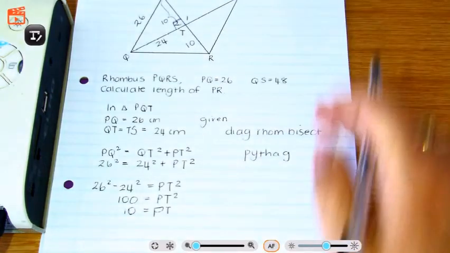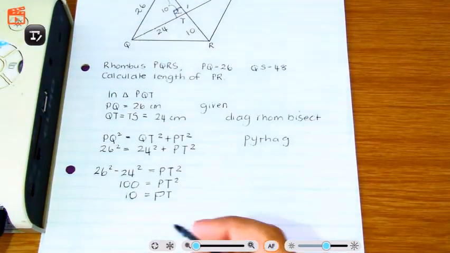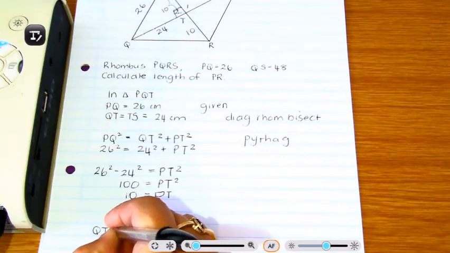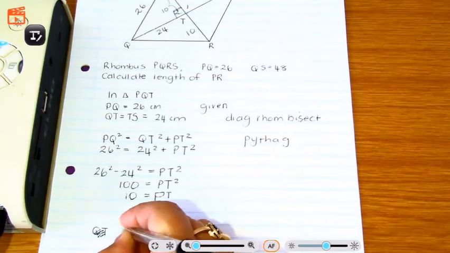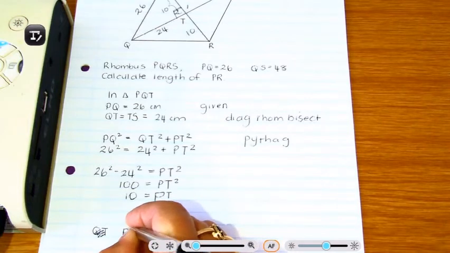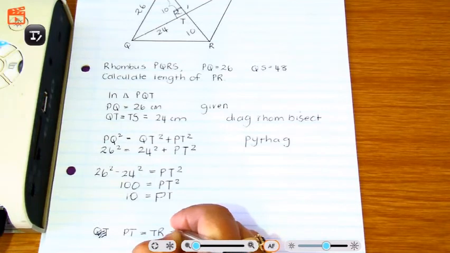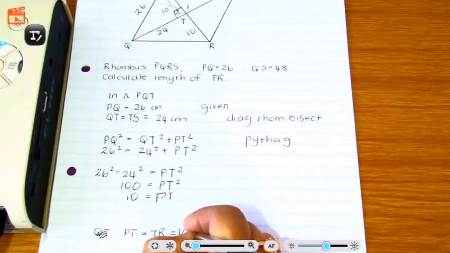So you could say then that PT is equal to TR, which is equal to 10 centimeters.